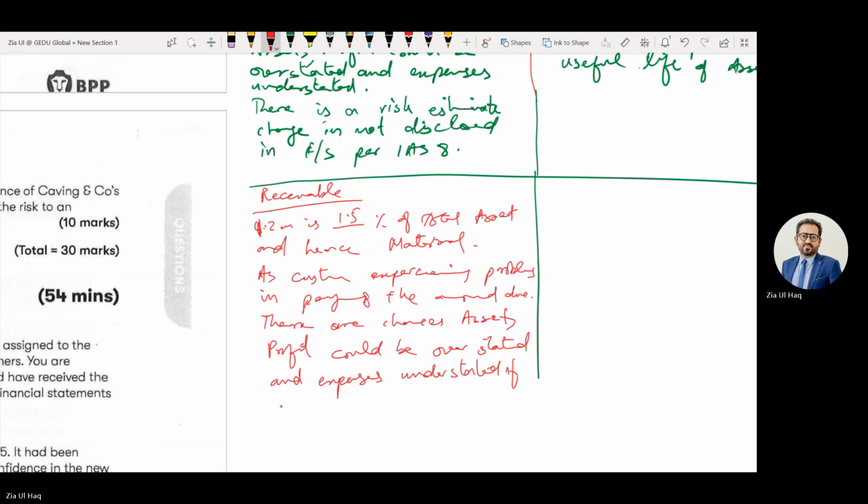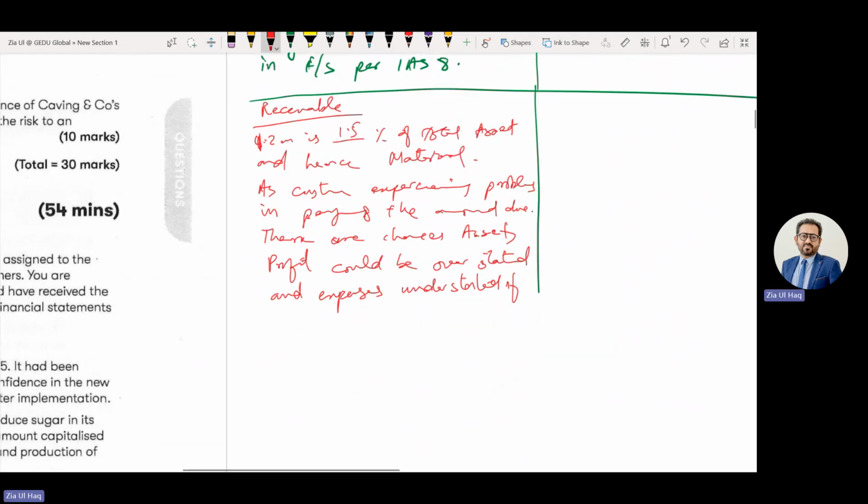If irrecoverable debt or provision for doubtful debt, whatever term you want to use, has not been adjusted, then assets and profit would be overstated.